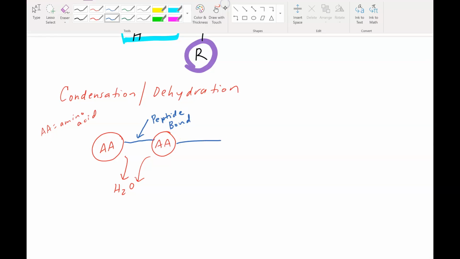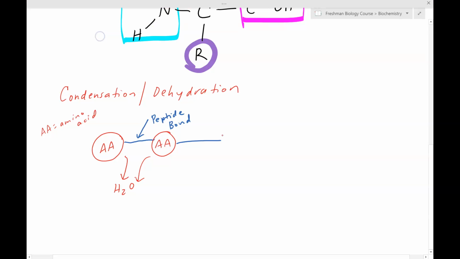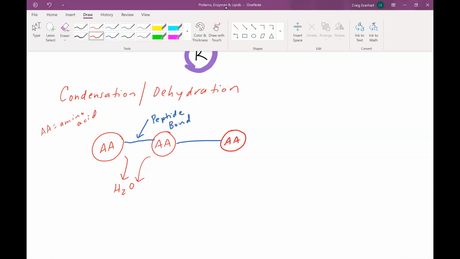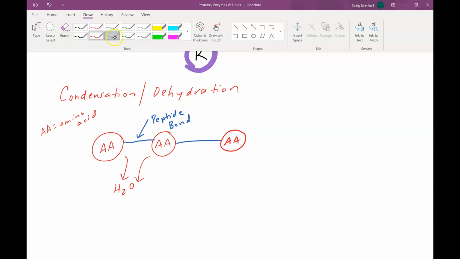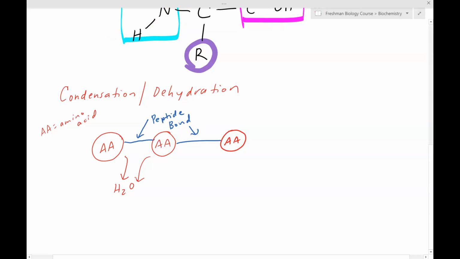Okay, so we're going to then have another amino acid, and again this is a peptide bond right here.